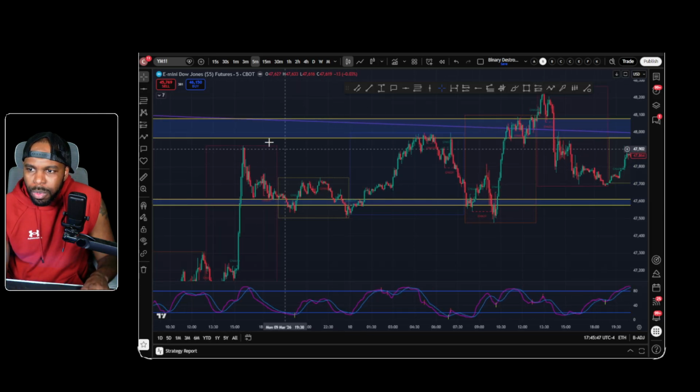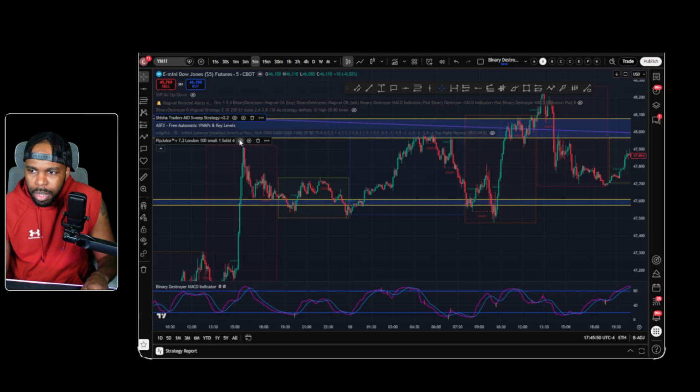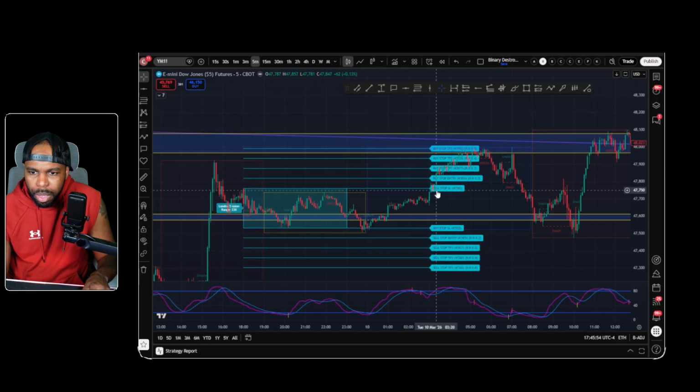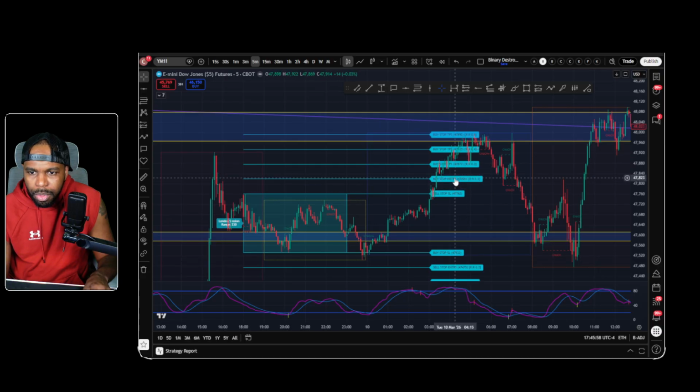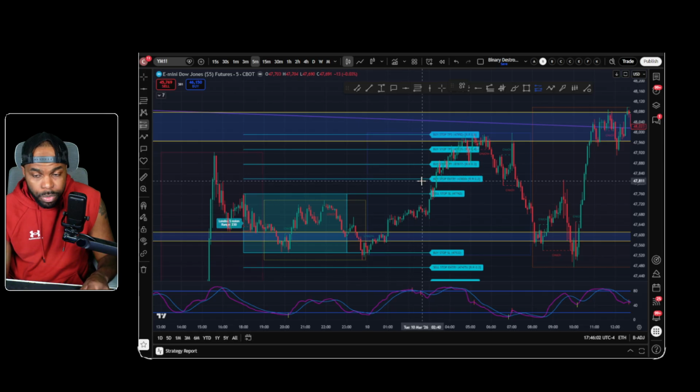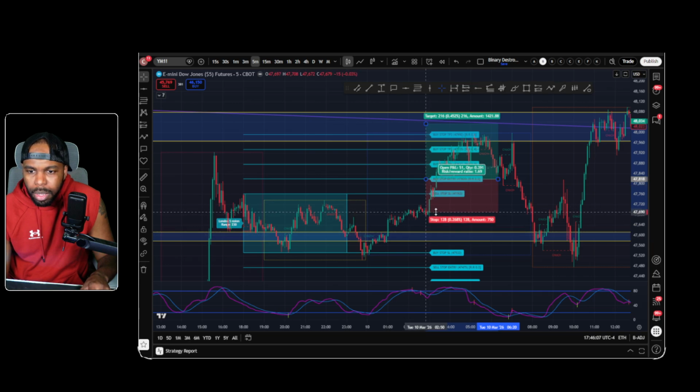Okay, so once that happens, let's turn on the indicator here. Now, since price is below this zone right here, I'm going to target TP3. So I'm going to set my pin. In this case, on this day, I would have set my pending order here, and I would have targeted TP3.